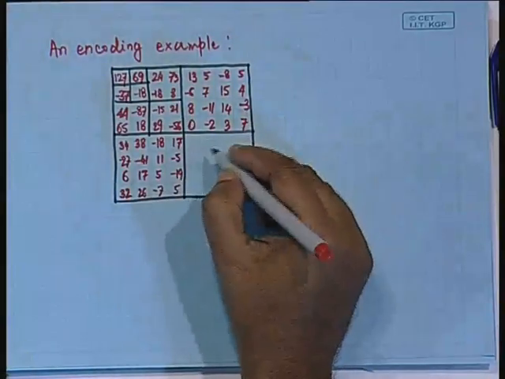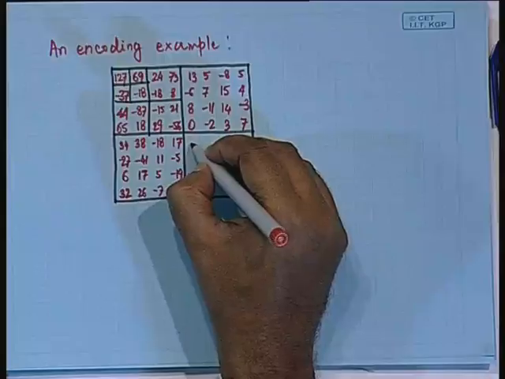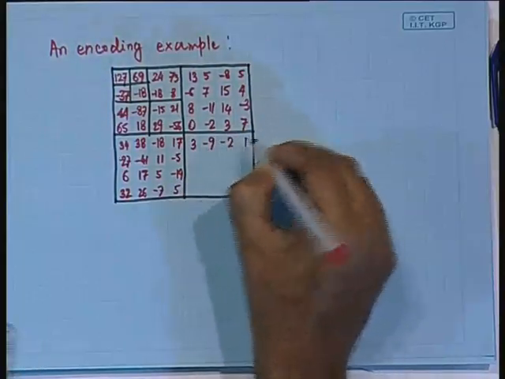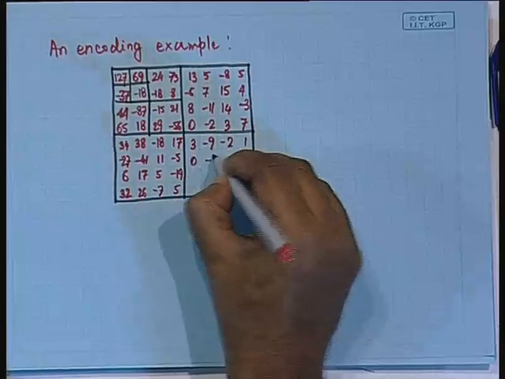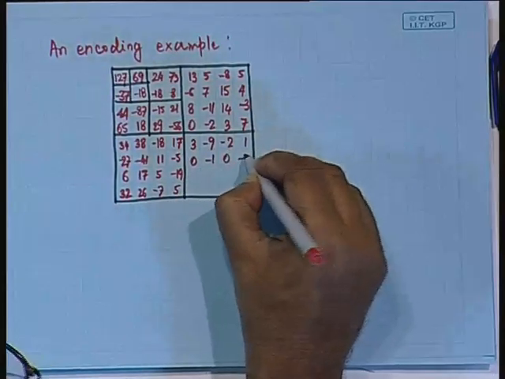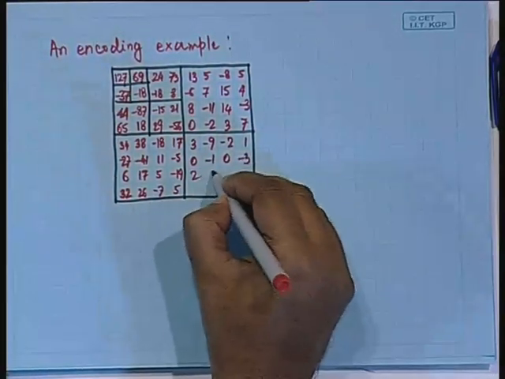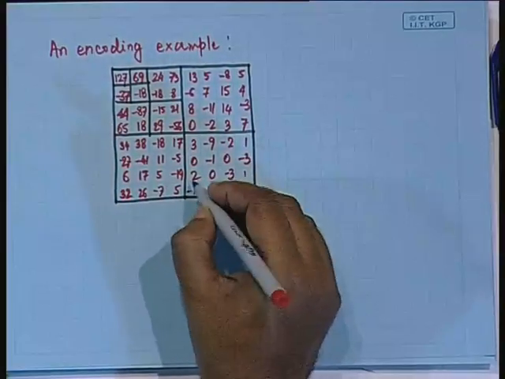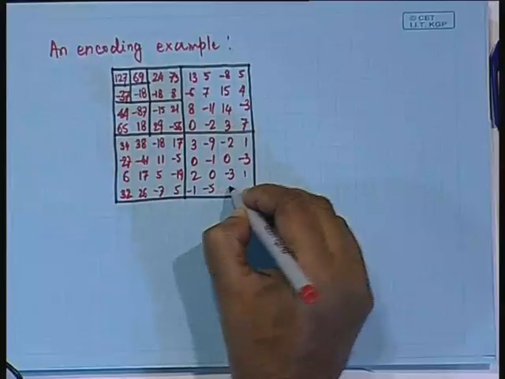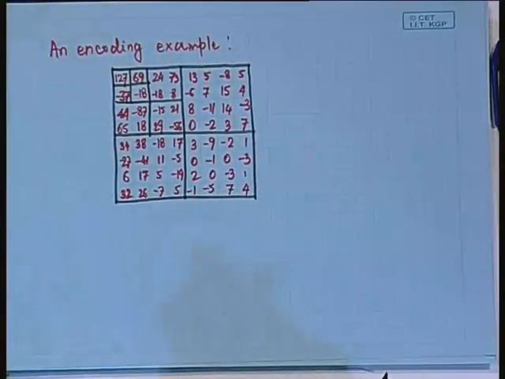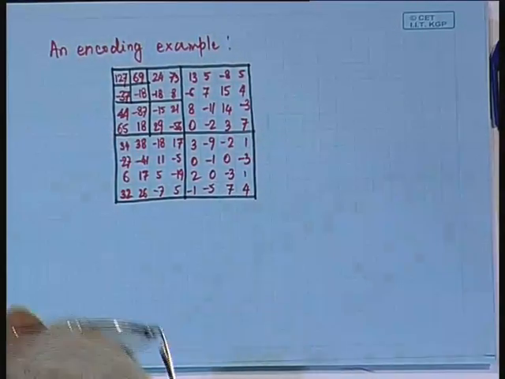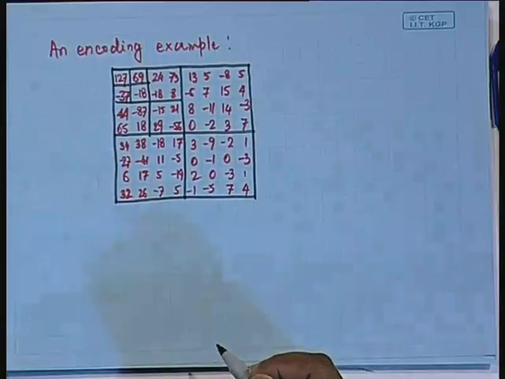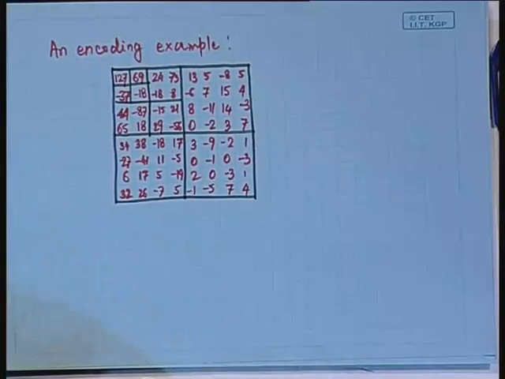Come to the last band, that is the HH: 3, minus 9, minus 2, 1, 0, minus 1, 0, minus 3, 2, 0, minus 3, 1, minus 1, minus 5, 7 and 4. So, this is an 8 by 8 array. I have just put up an example case of 64 different values.